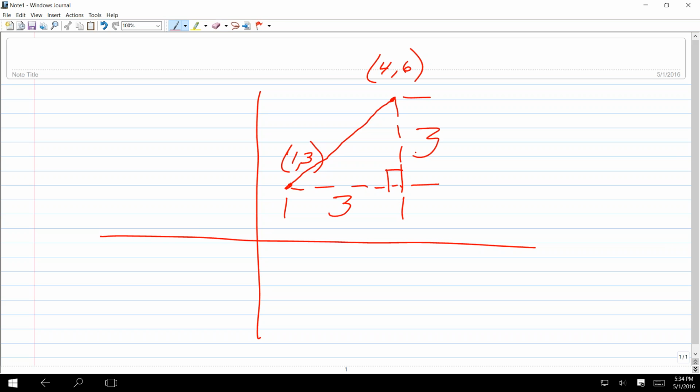So what is the hypotenuse? Shouldn't it just be the square root of 18? Yep, which would simplify, I can take a 9 out of that, so it's 3 root 2. And that's the way to think of the distance formula, as you're always finding a hypotenuse.